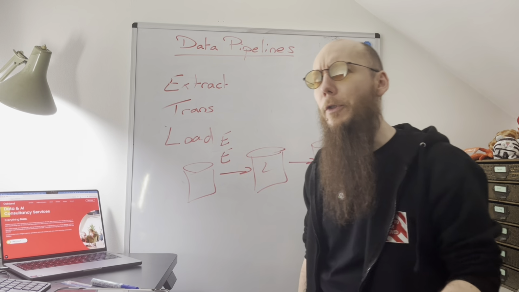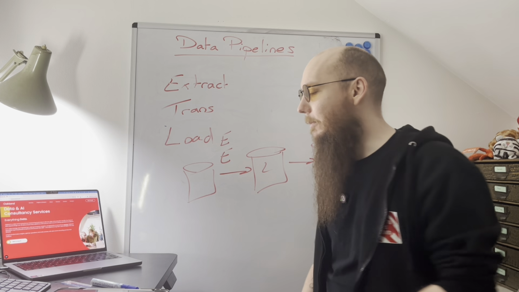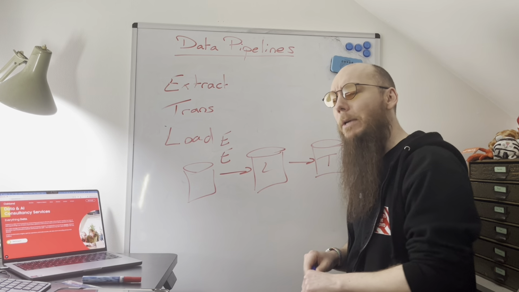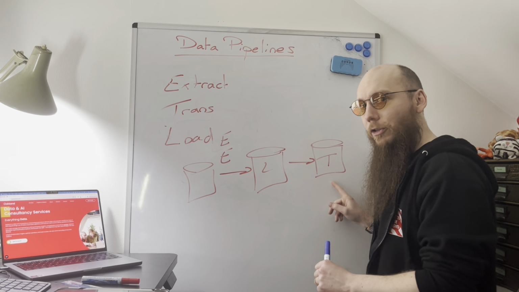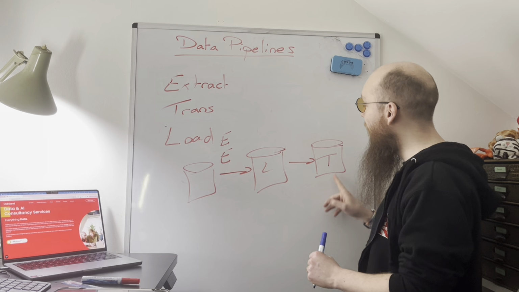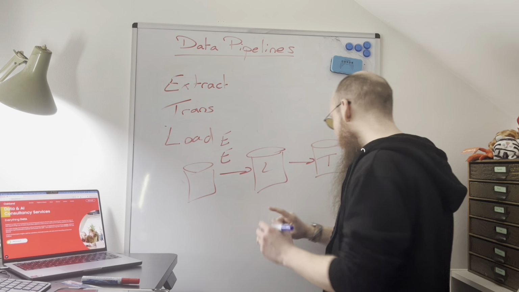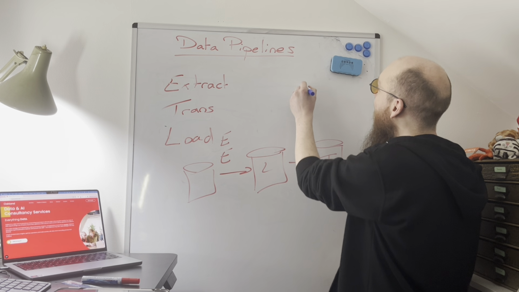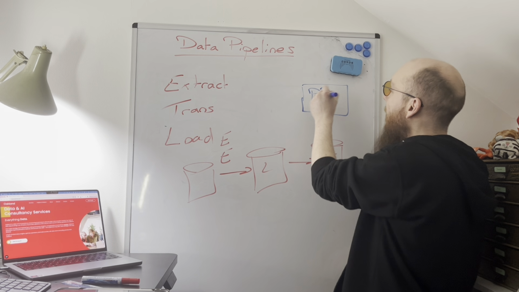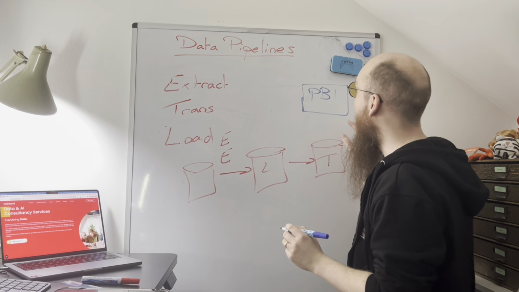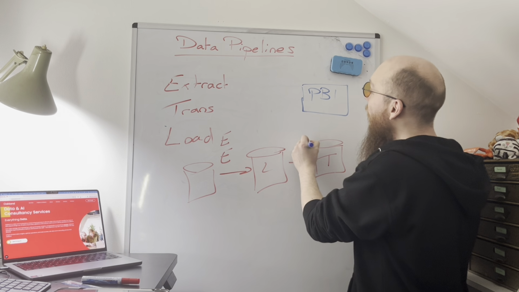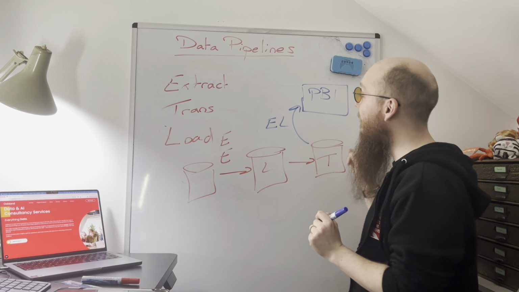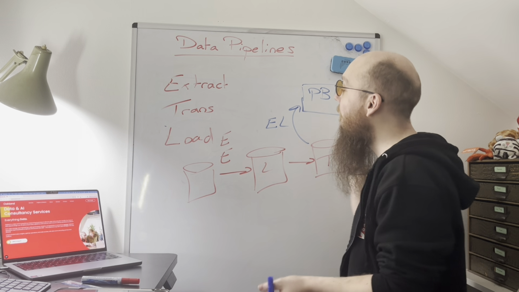Oh, for the pedants at the back, some people, and these are people who we might turn our nose up at, like to add on an extra couple of steps at the end here. If you're being really, really pedantic, you can think about this as extract, load, transform, and then if you have something like a Power BI service or a Tableau service that relies on a semantic model that's stored somewhere else, you actually have an extra EL step there, where you take your transformed data and then extract and load that to some third place.